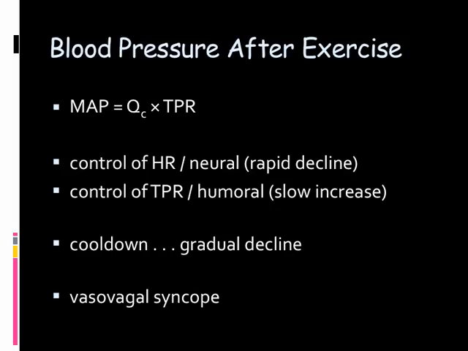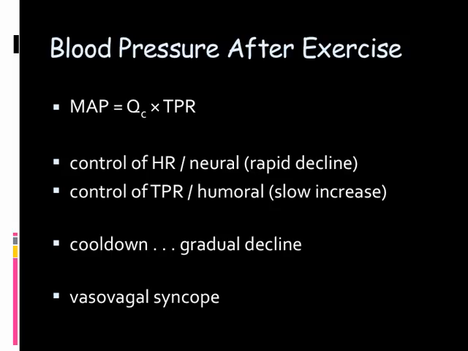The control of total peripheral resistance is largely due to this vasodilation that occurs. So it's humoral. It's caused by the heat and the chemicals that are in the blood and put into the blood as the blood passes through the muscles.